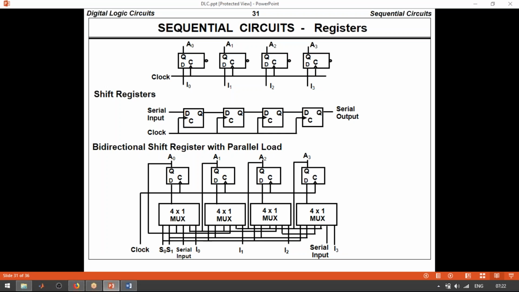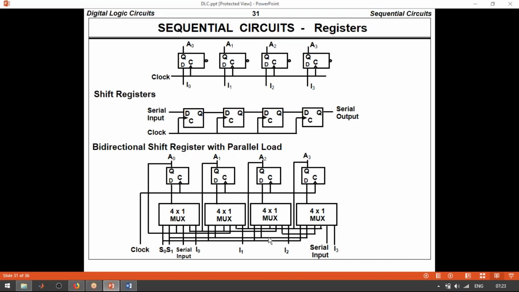Then the third one is parallel load. That means whatever input I give, that output will come on this side in parallel. And the fourth state is a reset state, that means no change. The same output will be retained on the output. So here 0 0 means the input is connected here. The output of this multiplexer is connected to this D flip flop.